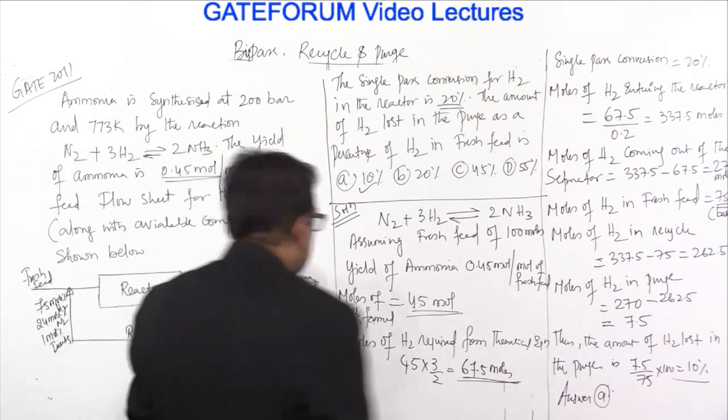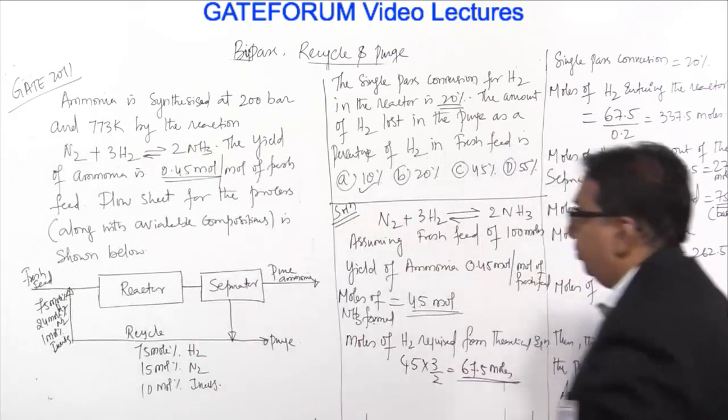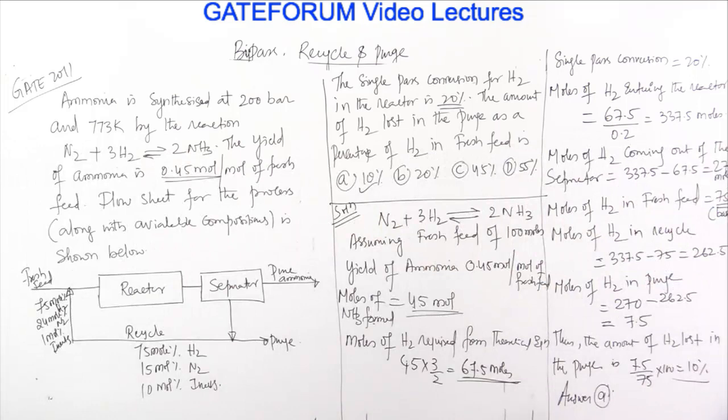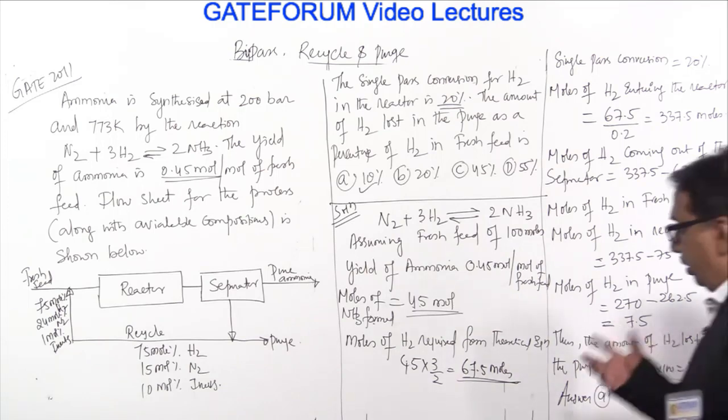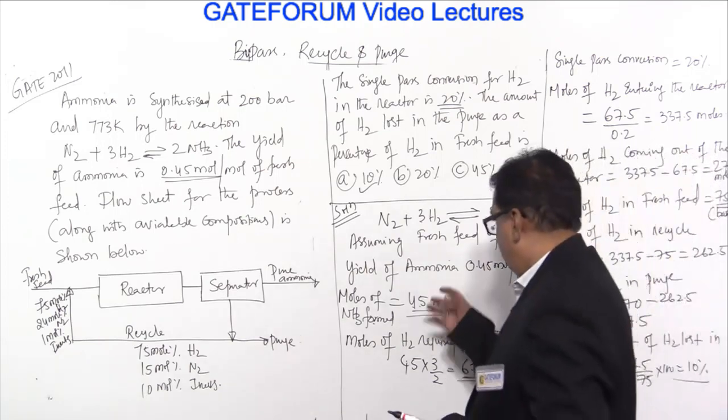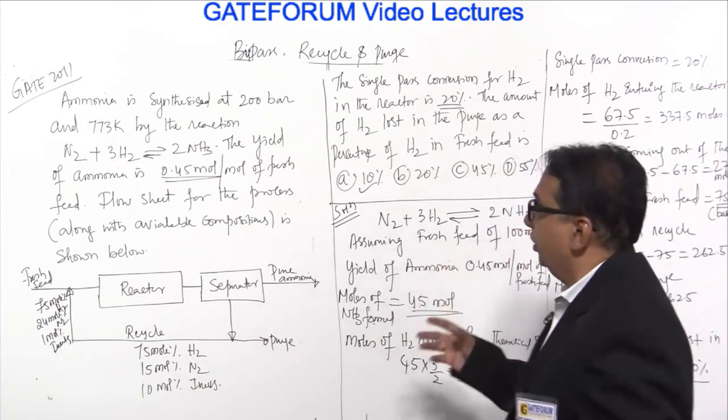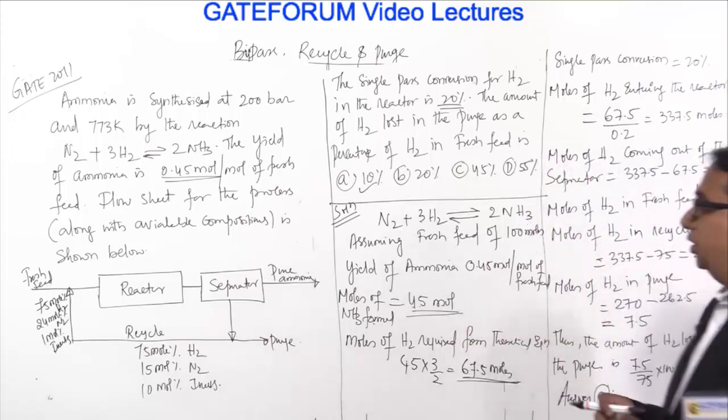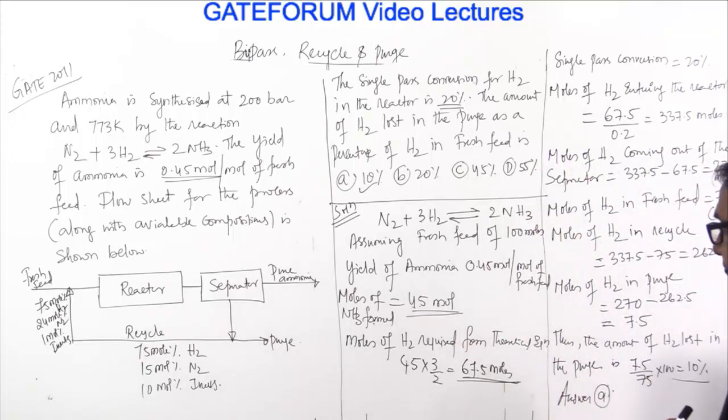Right. So, this is the way I have solved the GATE 2011 problem. Moles of NH3 formed is 45 moles, obtained from the yield of ammonia. Then moles of H2 required from the theoretical equation is 67.5 moles.